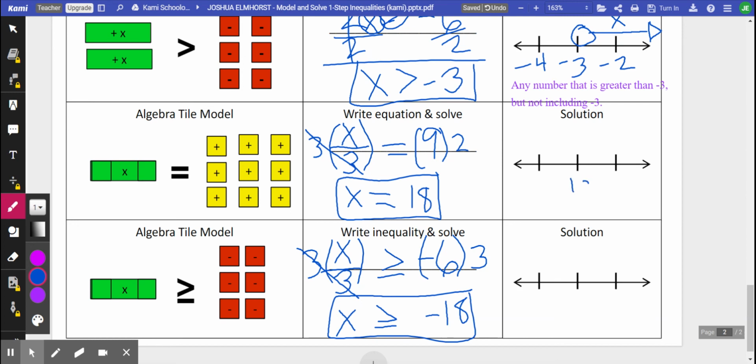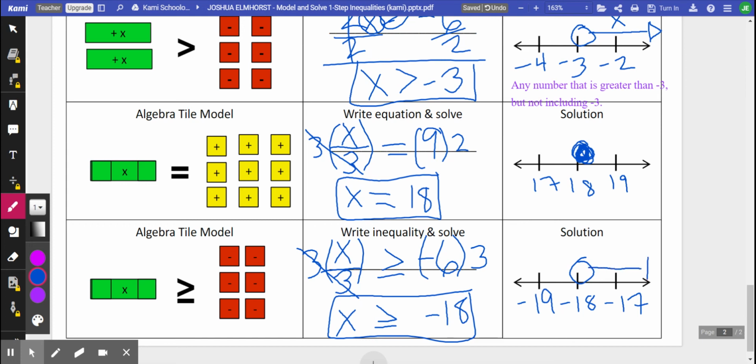So here we have 18, 19, and here we have -18, -17. These are switched around because they are negatives. So x is equal to 18. So there is one solution, no arrow. That's our only answer. And then the last one, x is greater than or equal to -18.